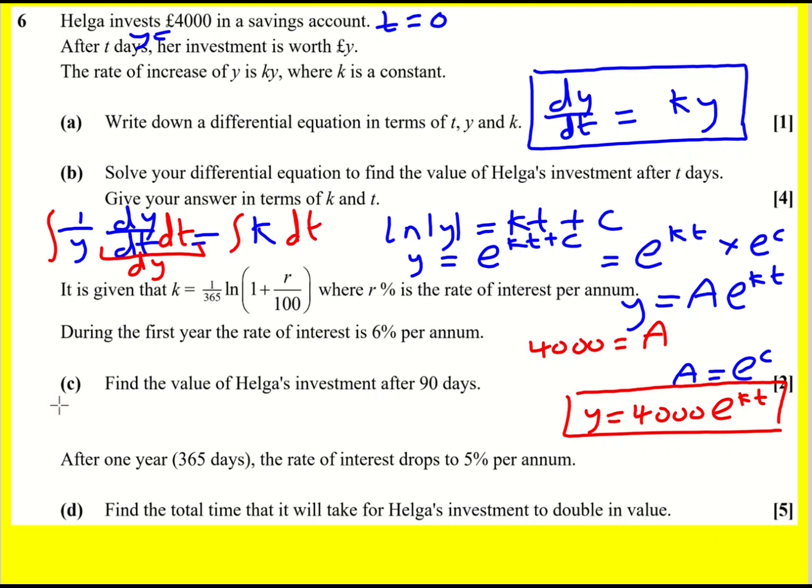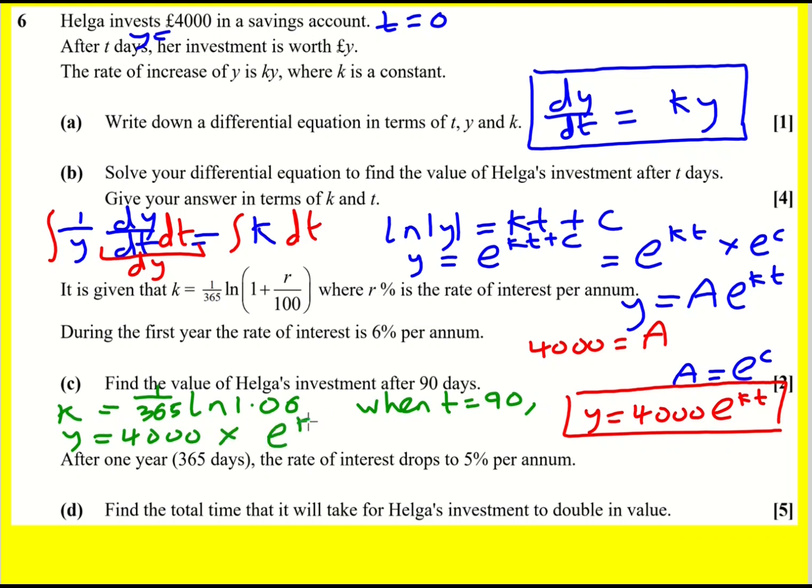So k is going to equal 1 over 365 times ln of 1.06. And therefore, when t equals 90, y is going to equal 4,000 multiplied by e to the k times 90, or e to the 90k.